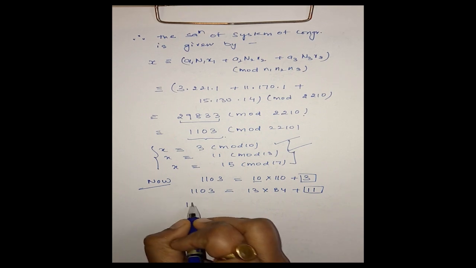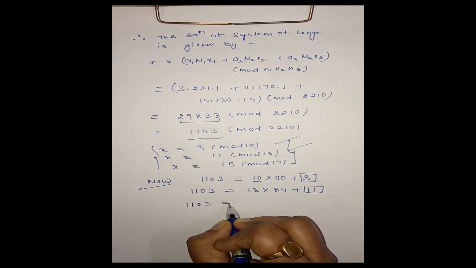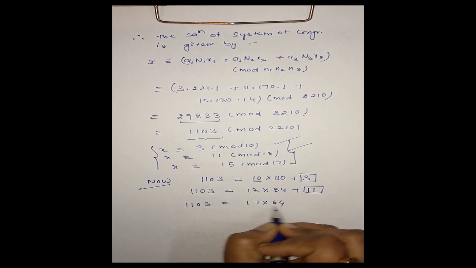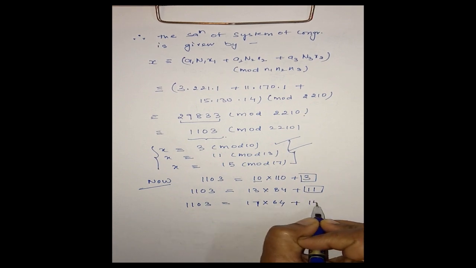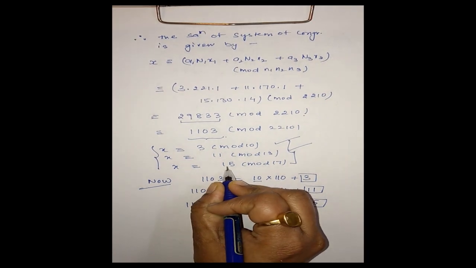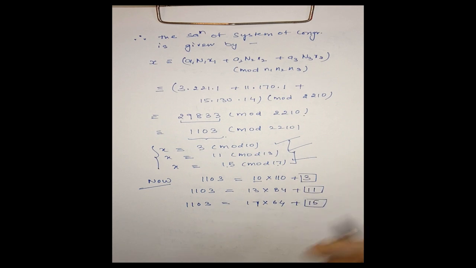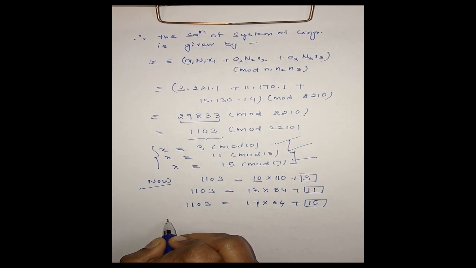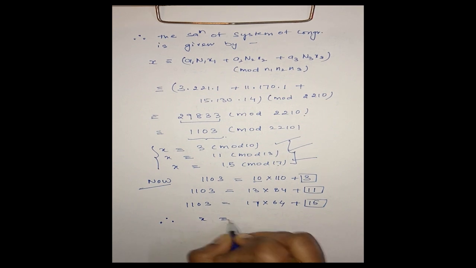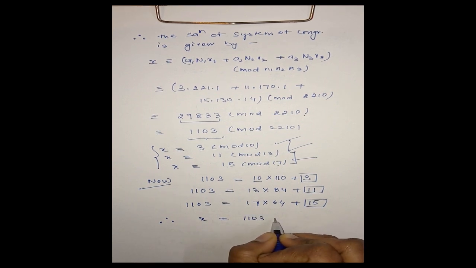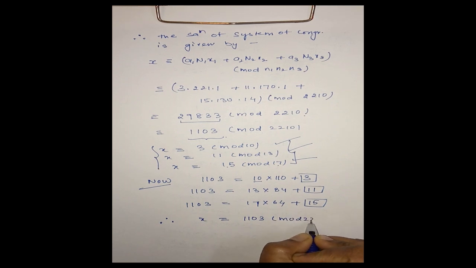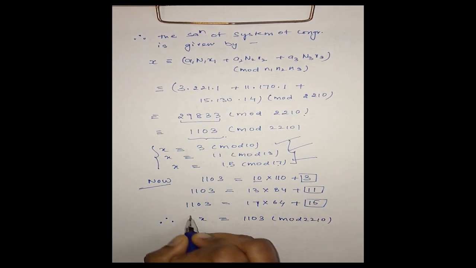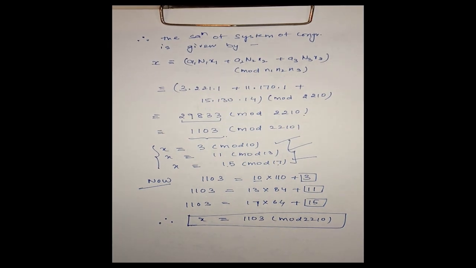And same way, we have 17 into 64 plus 15, so on dividing by 17, remainder is 15. Clear? Therefore, x is congruent to 1103 modulo 2210. This is the answer of the given congruences.